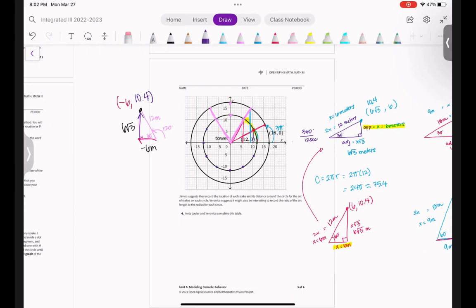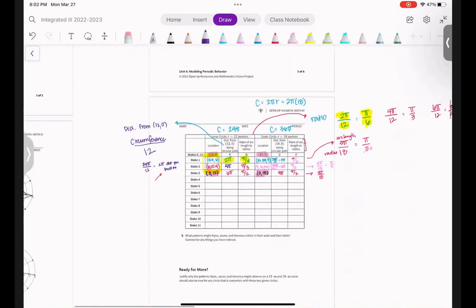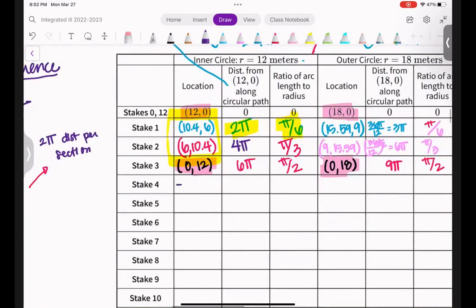Yes, very good. So I'm going to copy that down. So you should be pretty comfortable with this. So -6, 10.4. And you're like, hey, Ms. Johnson, these two are related here and here. Yes. Right. And then you would just continue your pattern.